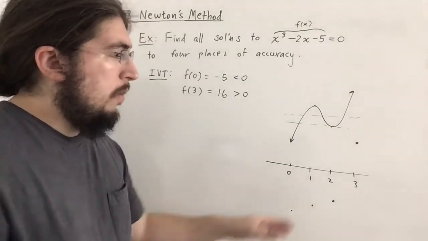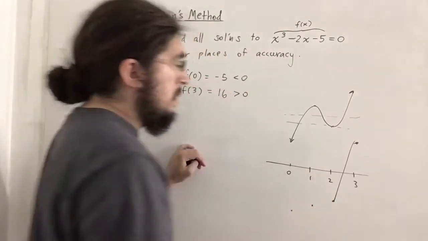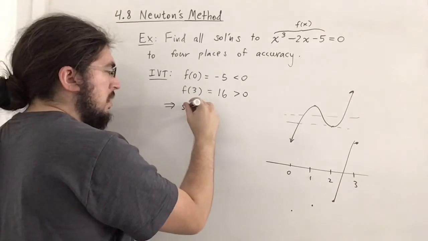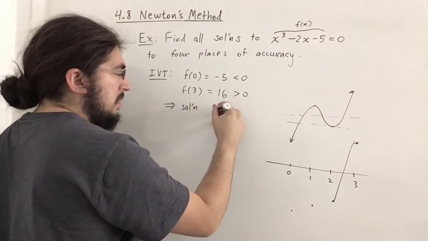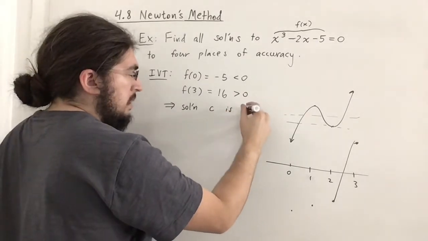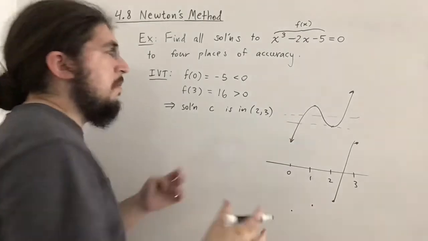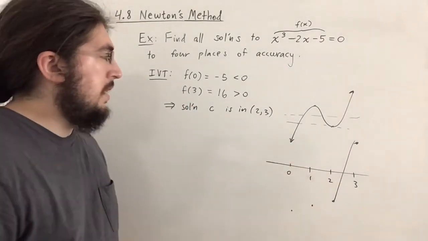But at least we know by the intermediate value theorem, it must pass through the x-axis somewhere in between 2 and 3. So this implies that our solution, let's call it c, is in the interval 2 to 3. It's somewhere in between 2 and 3, because 2 gives us a negative value and 3 gives us a positive value.